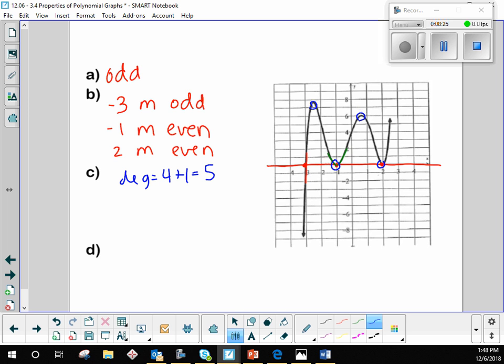But this section here, this part C, is also asking us to write it in factored form. And here's how we do that. We look at the zeros and their multiplicity. This first 0, -3, what factor gives me a 0 of -3?